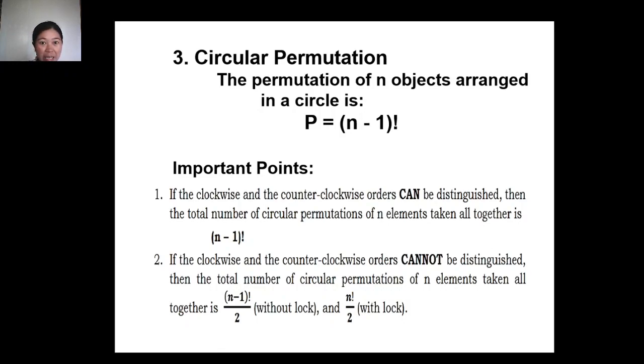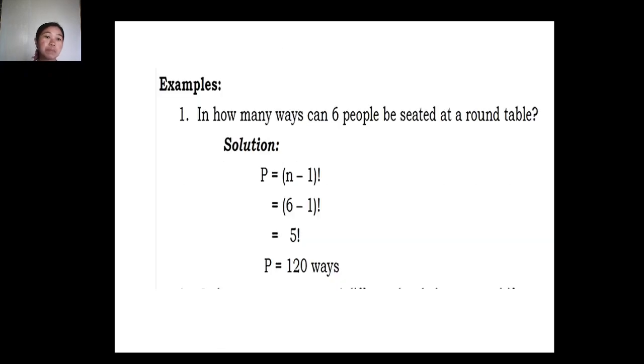So, bigyan natin ng examples yung number 3 types of problems for permutation. Okay. Example 1. In how many ways can 6 people be seated at a round table? So, nakalagay naman sa problem round table, meaning the problem involves circular permutation.